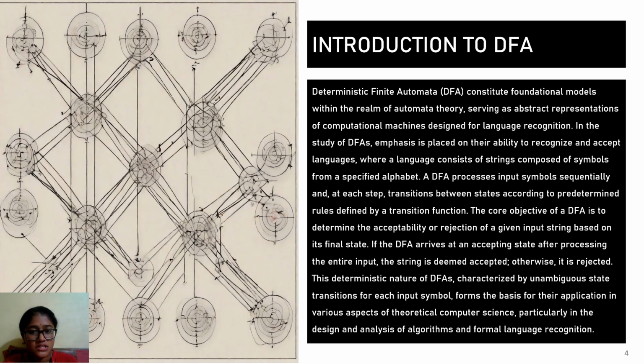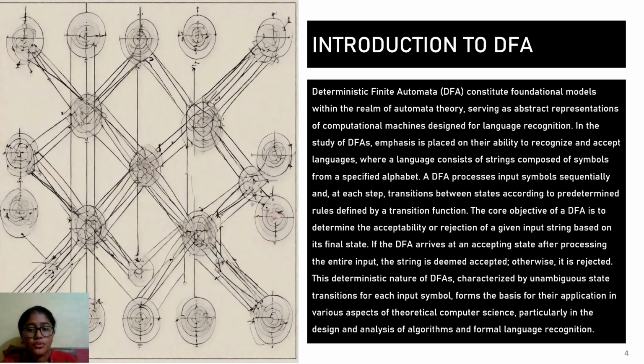DFA, that is Deterministic Finite Automata, constitute foundational models within the realm of automata theory, serving as an abstract representation of computational machines designed for language recognition. In the study of DFA, emphasis is placed on their ability to recognize or accept languages, where a language consists of inputs which are strings composed of symbols from a specified alphabet.